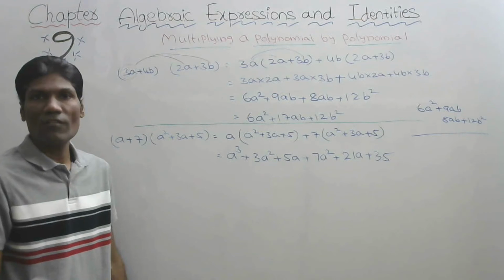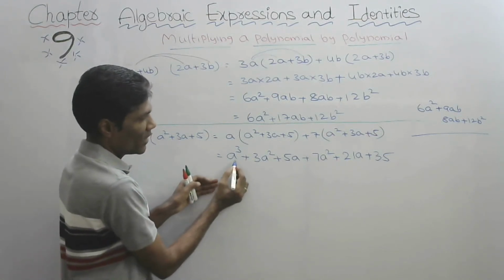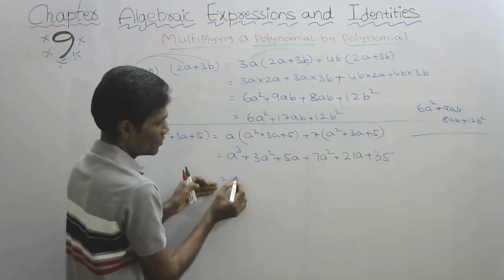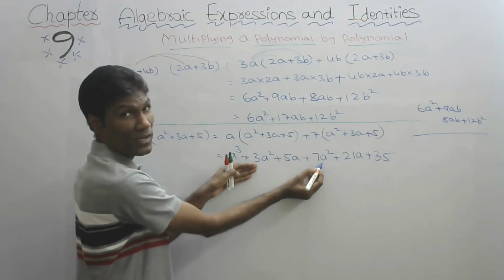Now we will be adding like terms. A cube, any a cube is there? No, a cube. A square, any a square is there? Here a square is there.